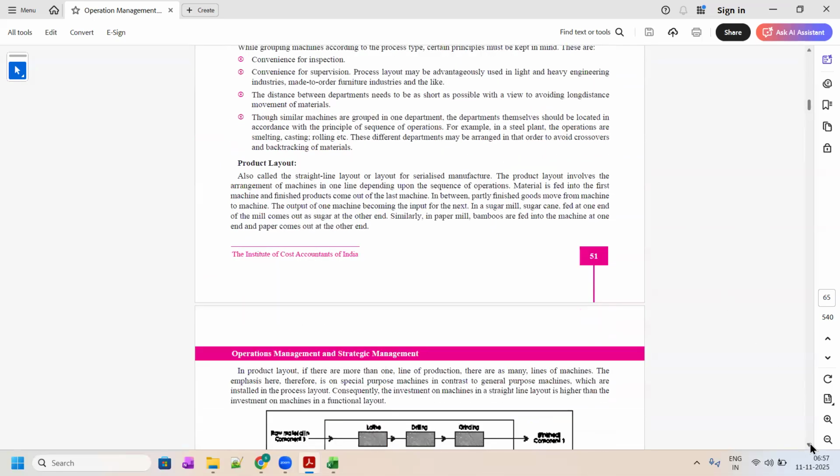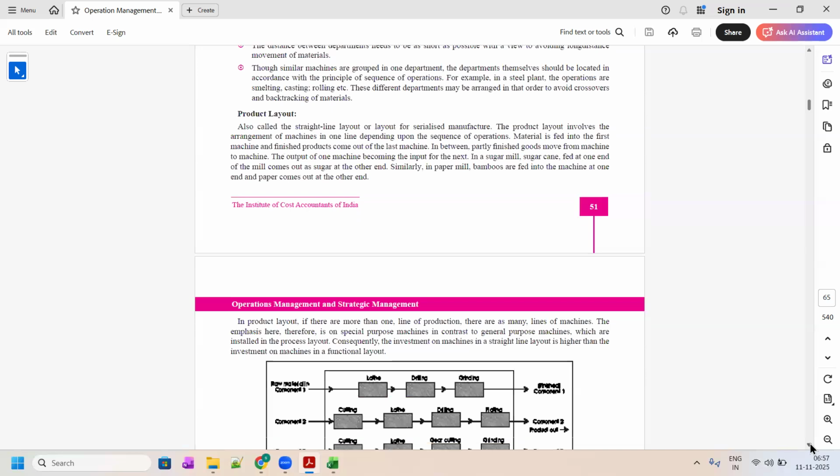Then we talked about product layout. The other name of product layout is line processing layout or flow line layout. And what does it mean? Here the machines are arranged in the same order as the steps in the production. So in the product layout, we don't group similar machines together as we did in the process layout.